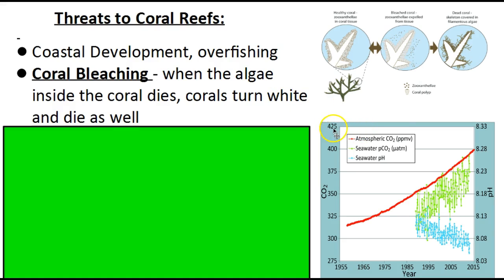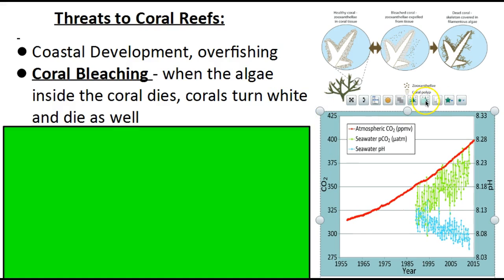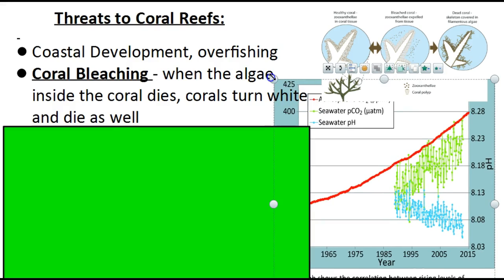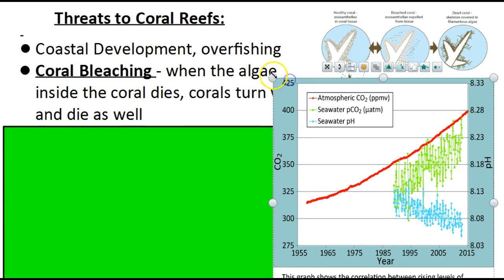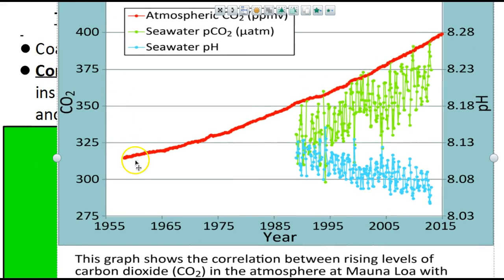So the next thing we're going to talk about is ocean acidification, okay? So if we look at this graph, the red line is CO2. We know CO2 is rising, okay? Green is CO2 in the seawater, right? And then pH. So CO2 is acidic, right? So remember, if it's acidic, that means it's going to bring the pH lower because acidic pH is 0 to 7, right?